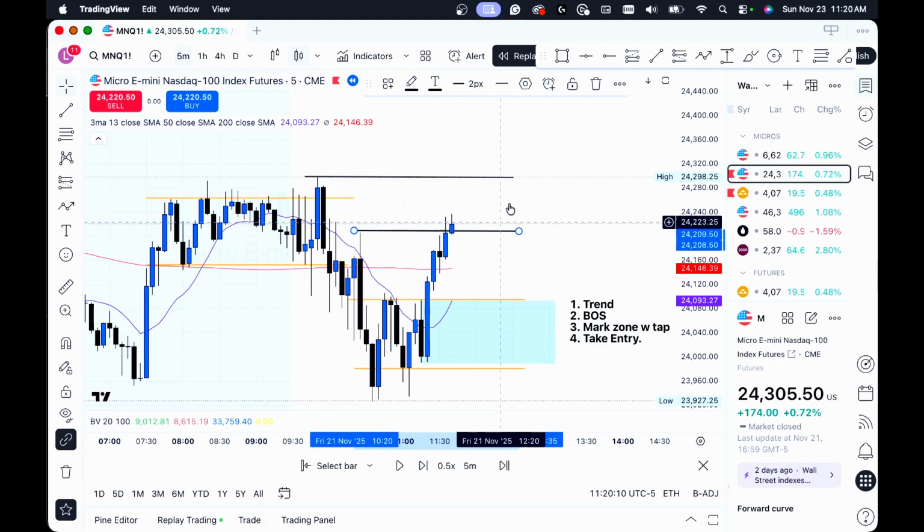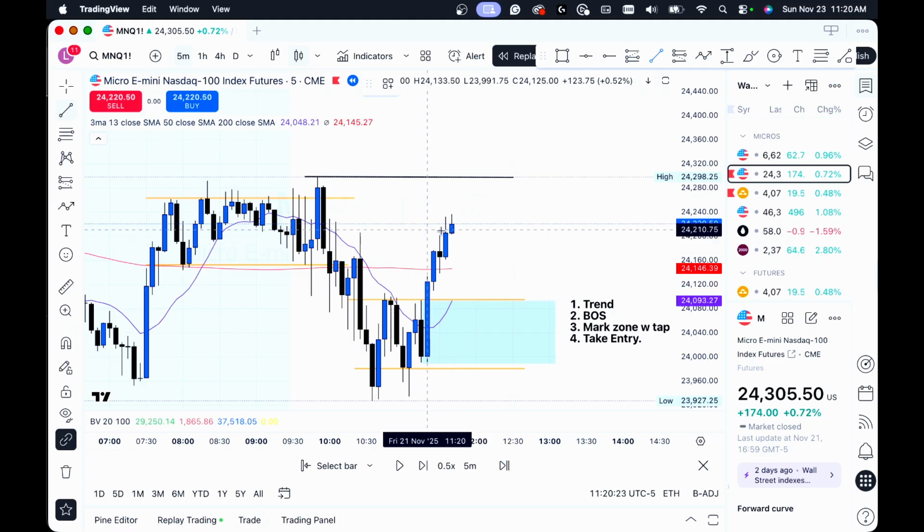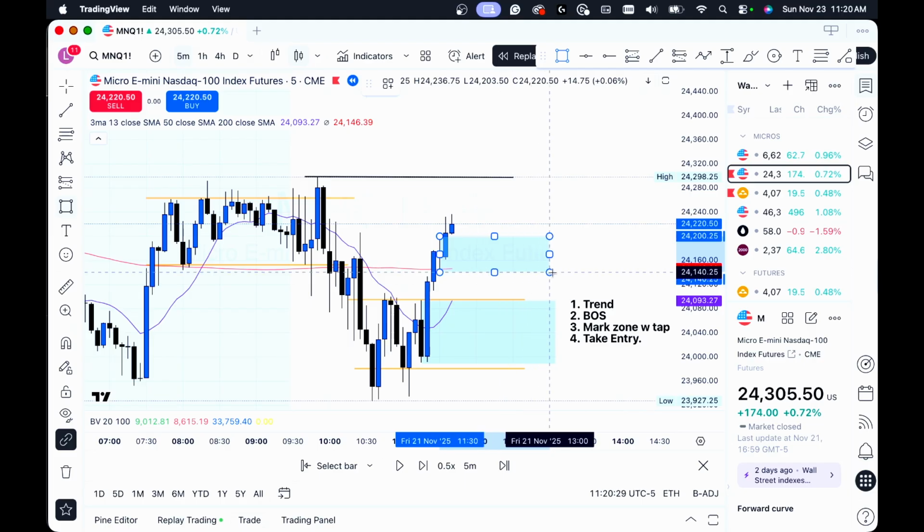Now, I could take this off. I could draw another demand zone because price broke this structure right here. Price broke structure, so now I could draw another demand zone. All right, I drew another demand zone.